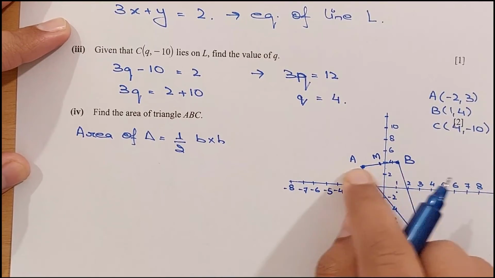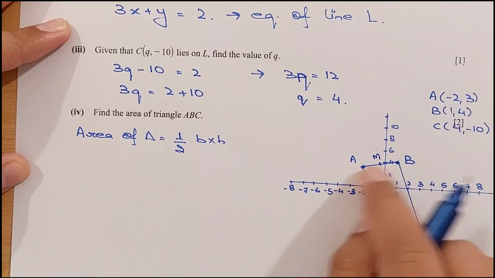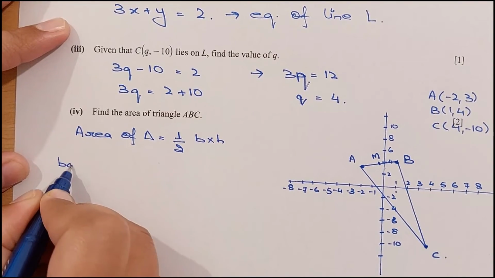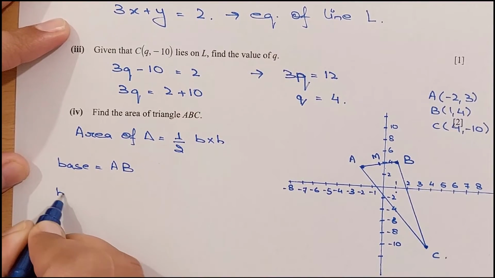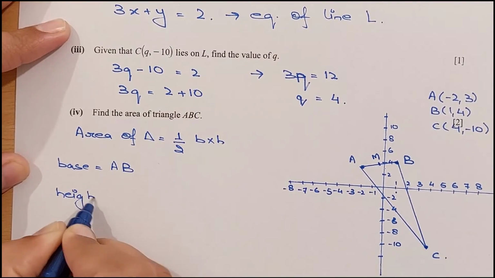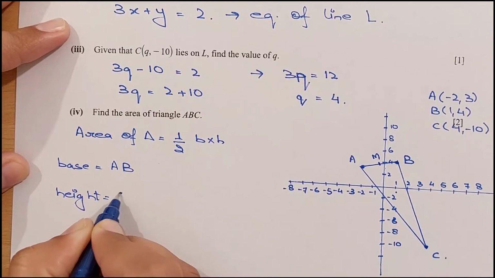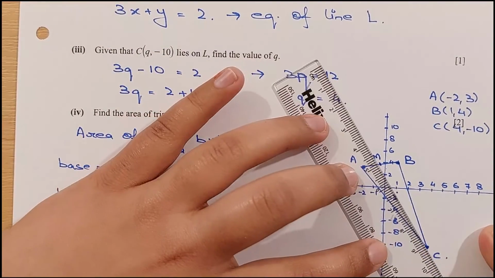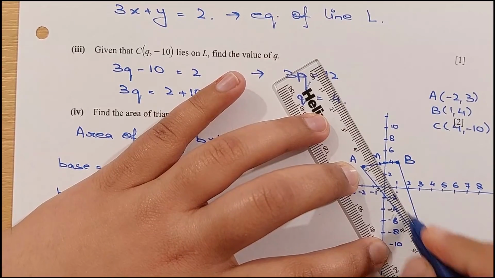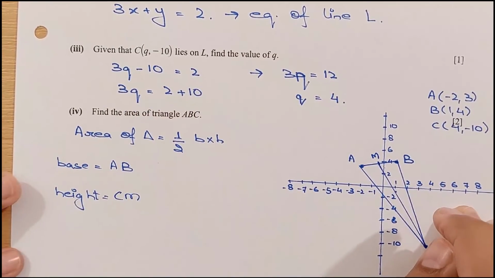AB is the base, and the height we can consider is C to M. Let me connect C with M. This is the height of the triangle.